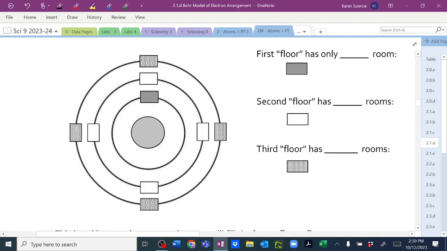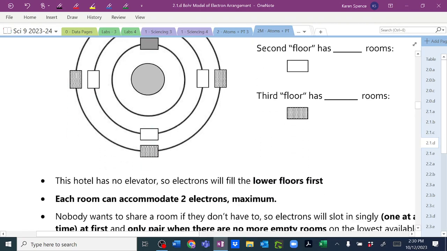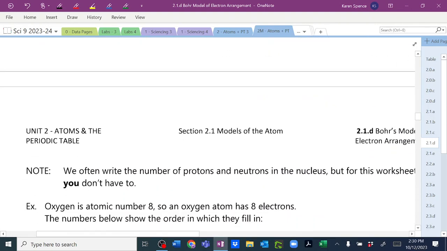Okay? And so here's just a little model with the first floor, the second floor, the third floor, and then of course our fourth floor, we only worry about 2 of the rooms, but it actually has lots more.